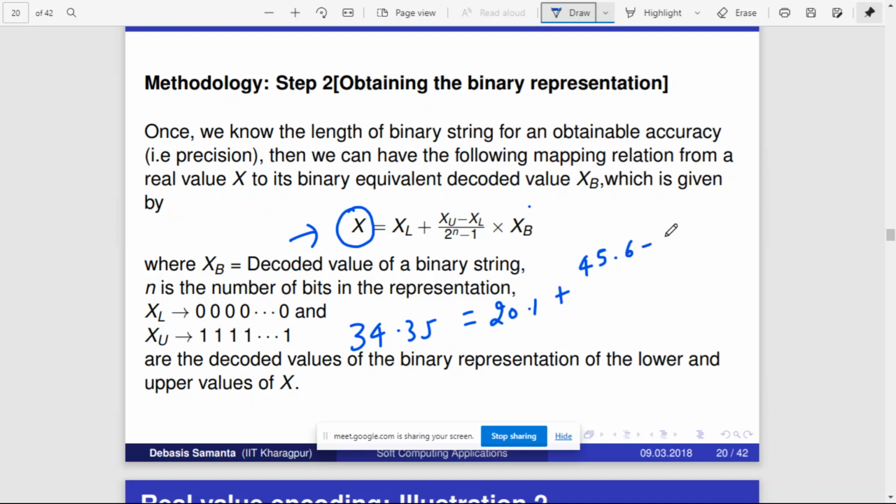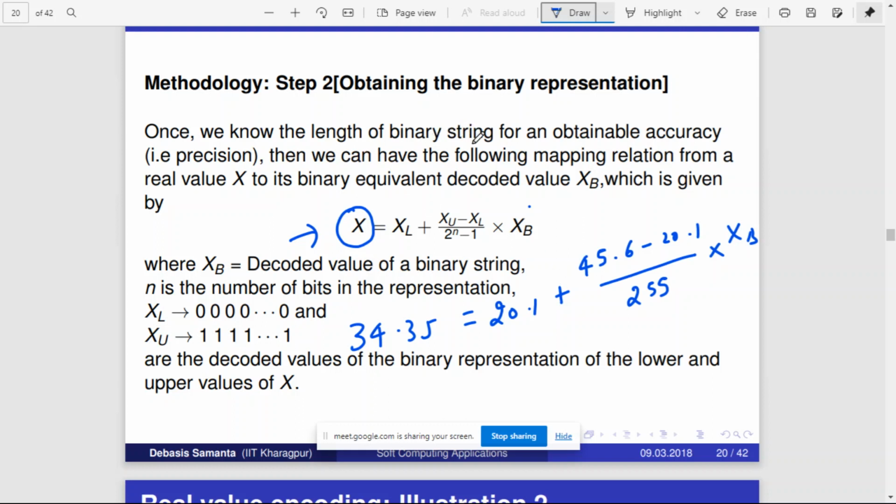Yeah, 45.6 minus 20.1, divided by 2 to the power n minus 1, that is 255, into xb. This is the one we have to find, right? So by solving this equation, it can be found.